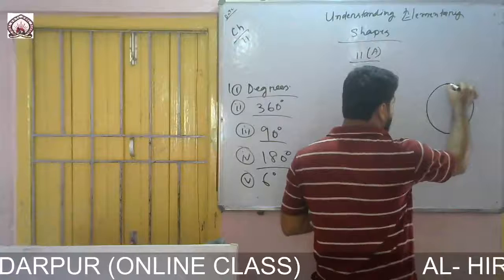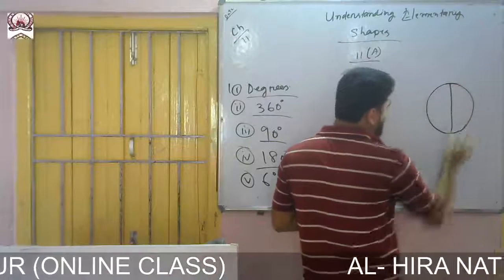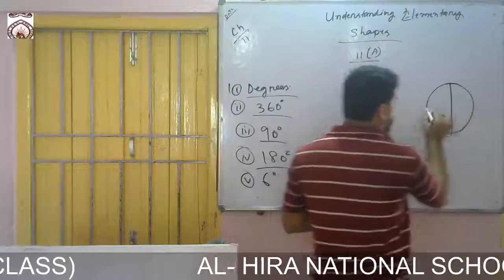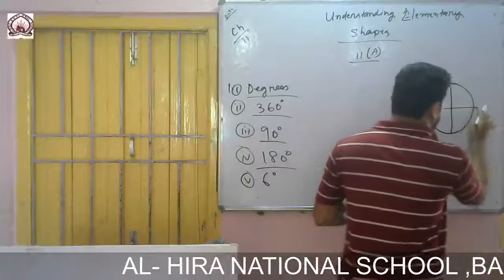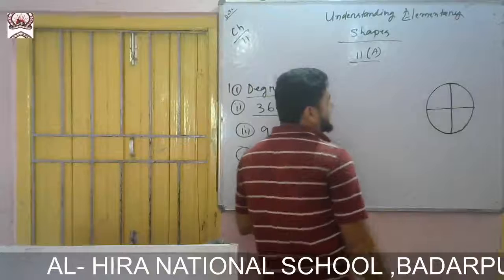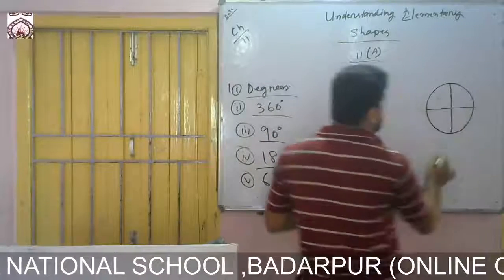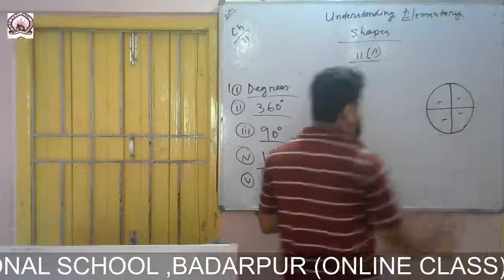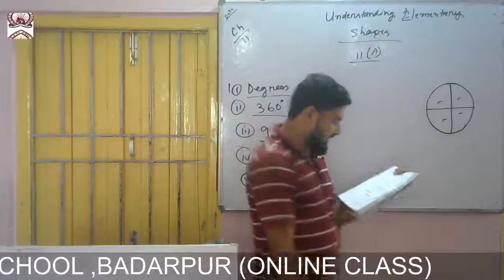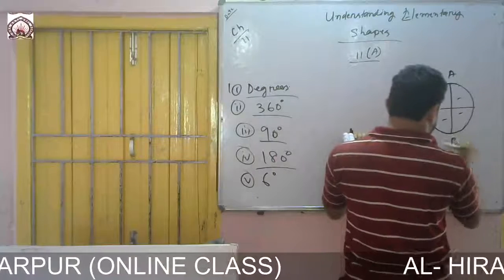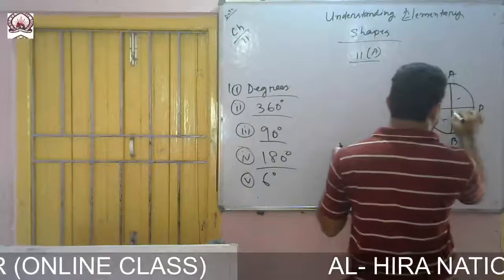So one part I have divided, one part, two part. This and this part are equal. Now if I divide again, it has been divided into 4 equal parts: 1, 2, 3, 4, and all parts are equal. And the names are given A, B, C, D, and in the center it is O.